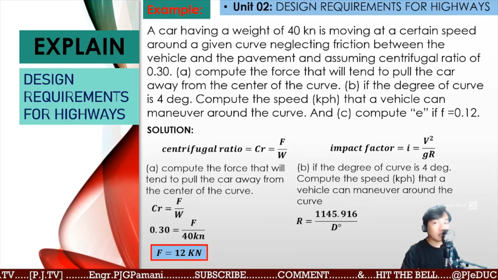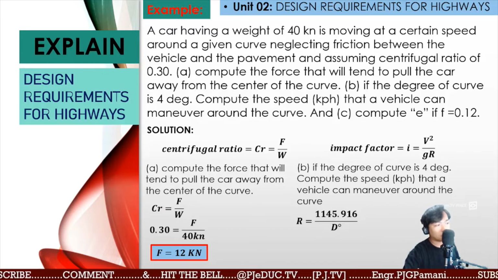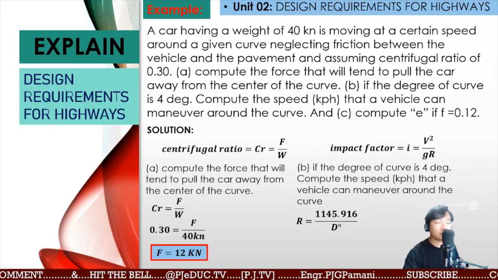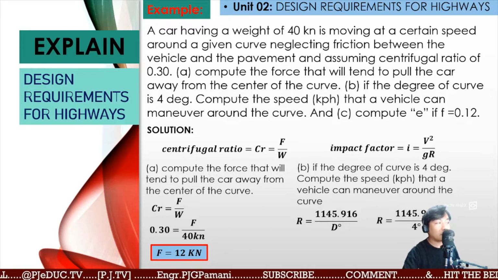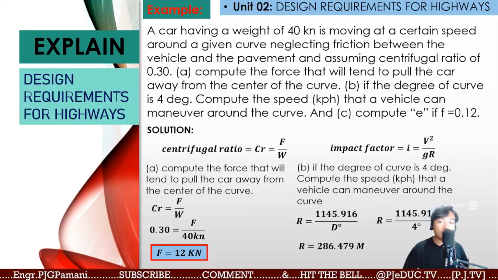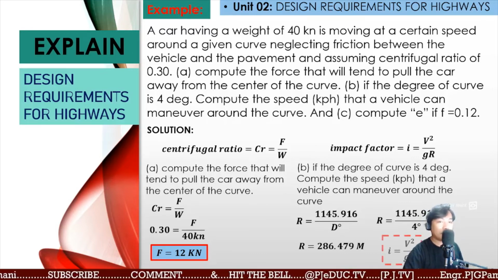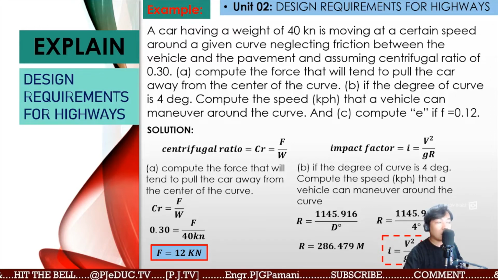So using arc definition, we have 1145.916 over the degree of the curve. The degree of the curve given is 4 degrees. The radius now is 286.476 meters.